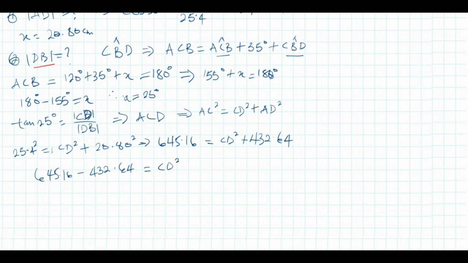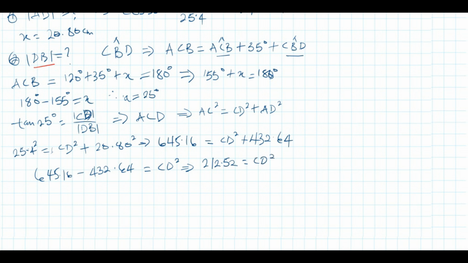When we do the subtraction, we are getting 212.52, which should give us our CD squared.